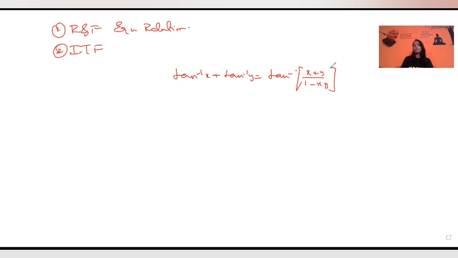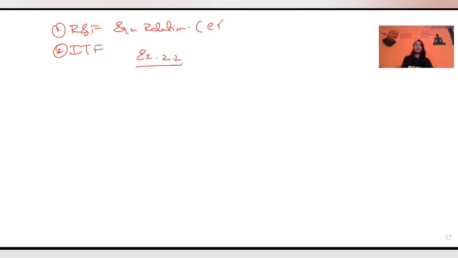So this type of questions will be asked. You have to concentrate much on this type. And if you want to score full marks, of course you have to practice all the problems from exercise 2.2. So the exercise from which they ask is exercise 2.2. From this, 3 marks questions come in inverse trigonometric functions.